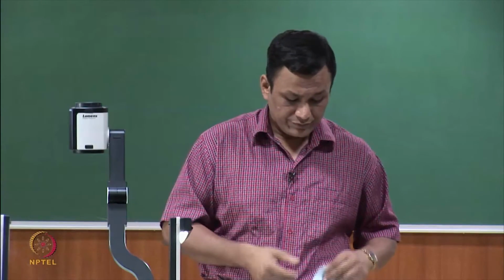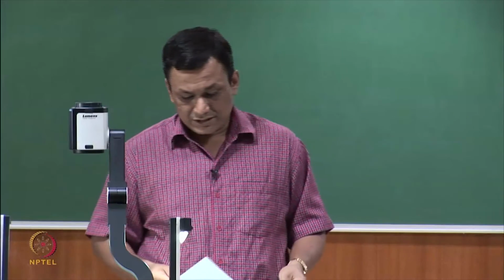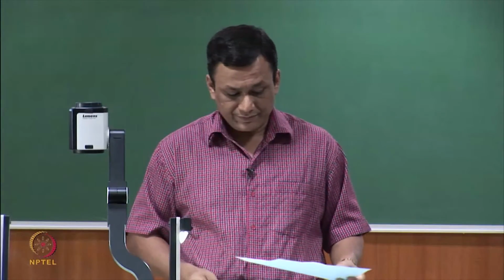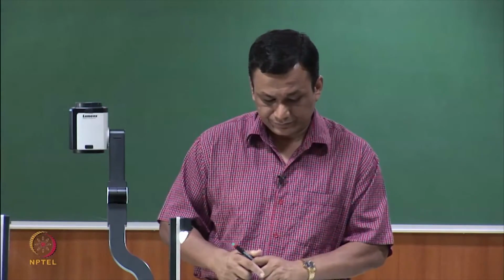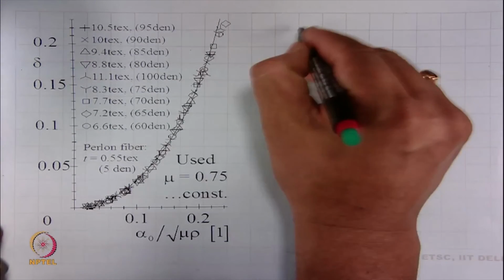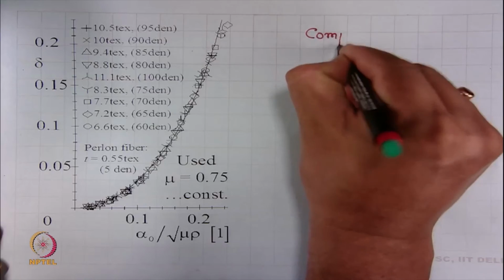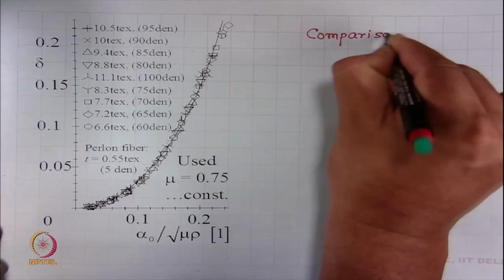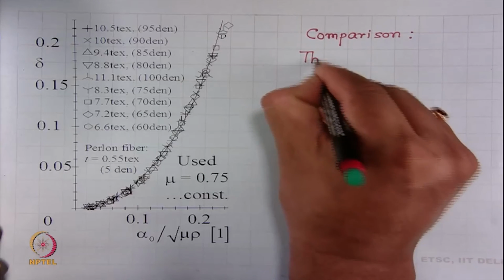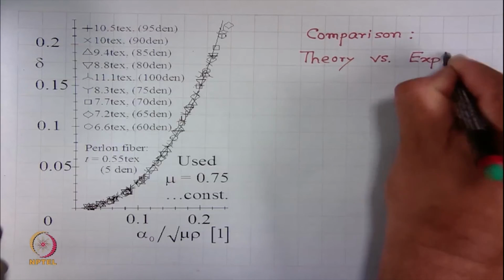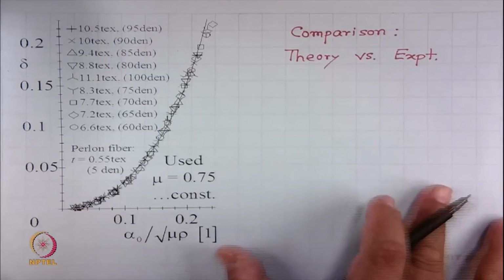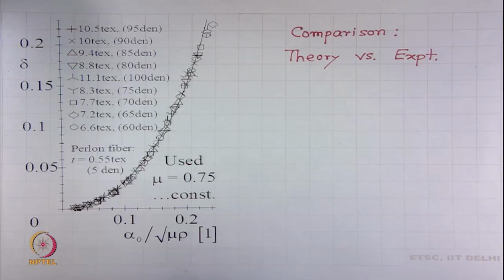In this case also the theoretical results were compared with experiment, and this is the comparison between theory and experiment. A lot of yarns were studied.